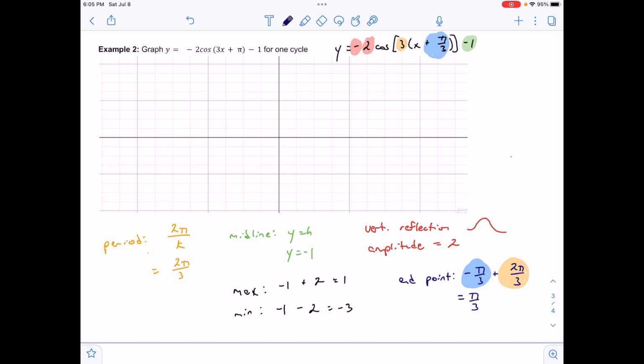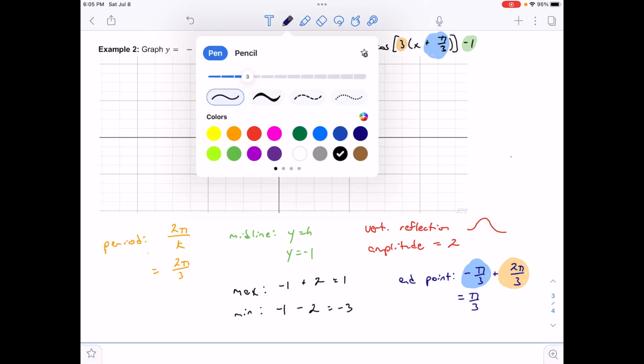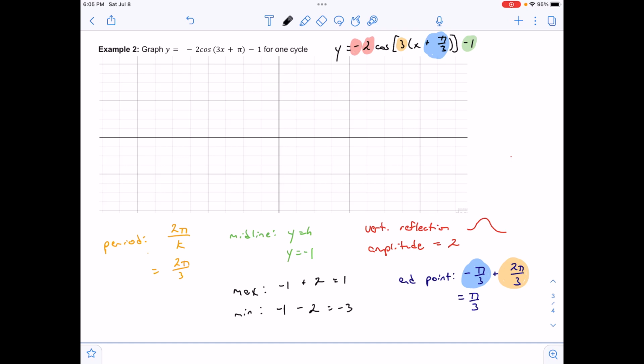So just by looking at this graph, we can now start to fill in our axes. The furthest left we're going to go is -π/3. The farthest right is π/3. So I'm going to take that to my advantage, and make the farthest lines thicker, my π/3. And then halfway I'm going to add in a π/6.